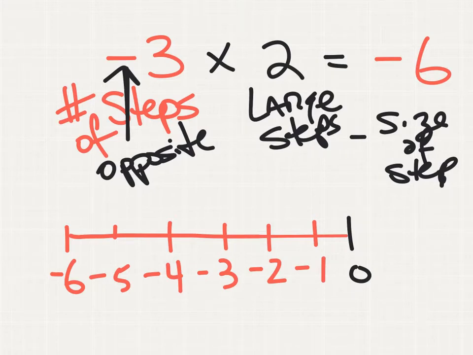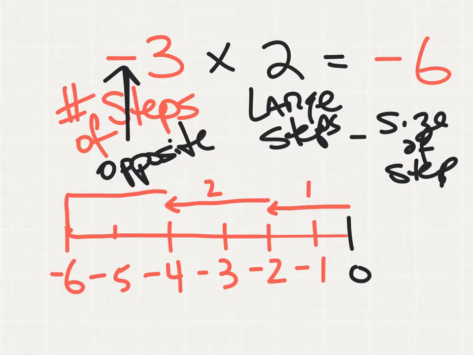The opposite of 3 steps of 2 would be 3 steps of -2. So my first step would take me to -2. My second step would take me to -4. My third step would take me to -6.